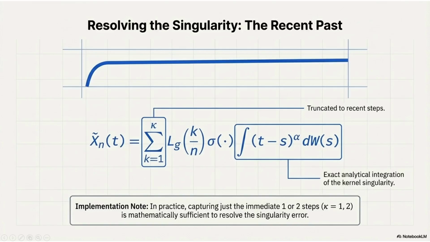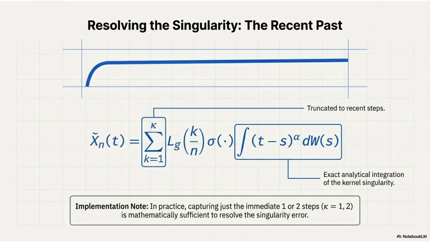For the first zone, to resolve the singularity in the recent past, we completely abandon the flat rectangular steps. Instead, we use exact calculus.